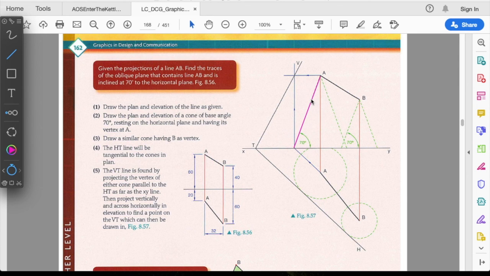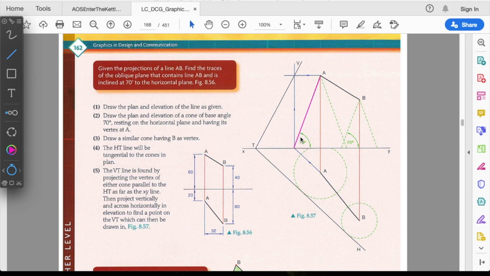Because if it's sitting up against the cone, it's going to have to touch the bottom of the cone, and it's going to have to touch the apex of the cone for it to be actually touching it and resting up against it. So if you have a plane resting up against the cone, then it's going to be at the base angle of the cone.